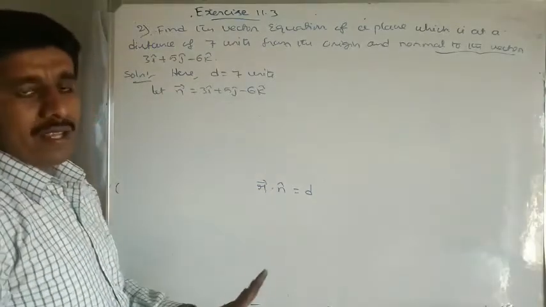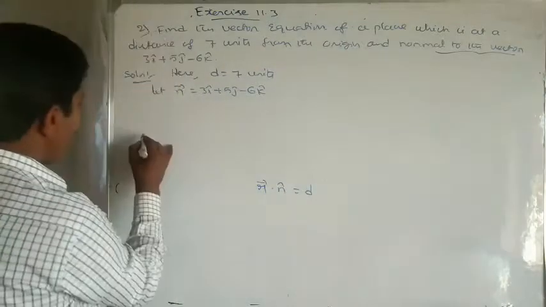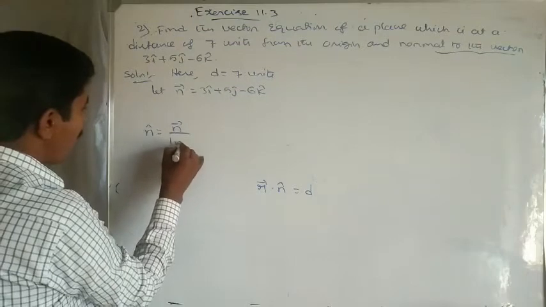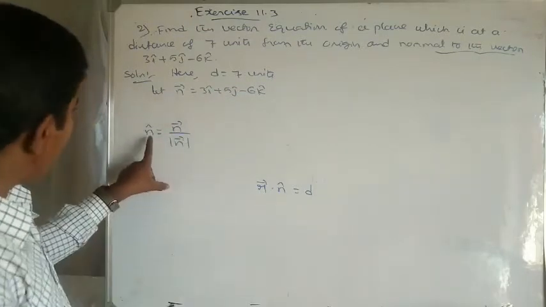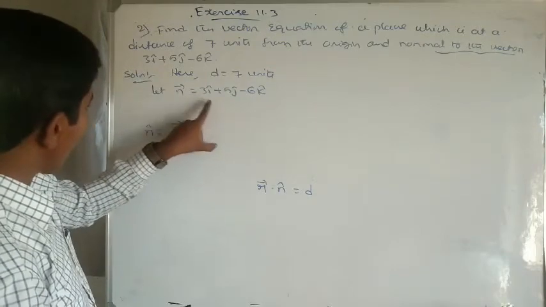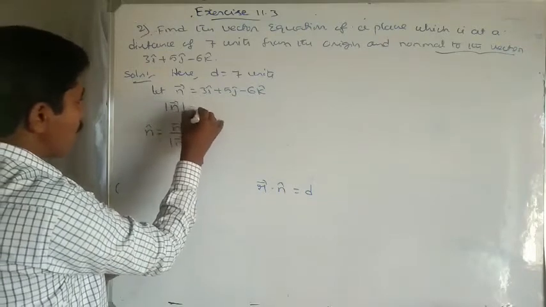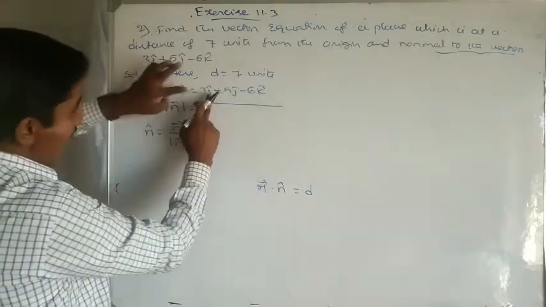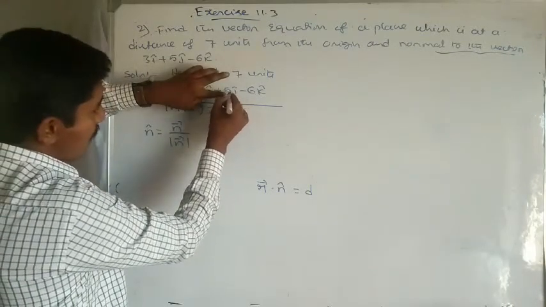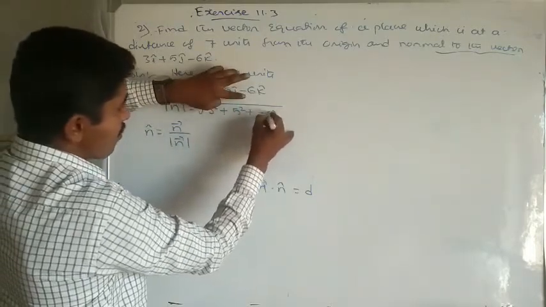The unit vector formula, we will see in the vector chapter: n cap is equal to vector n divided by magnitude of vector n. Mind it. To find the magnitude of vector n, it is the square root of the i coefficient squared, 3 squared, the j coefficient squared, 5 squared, plus the k coefficient, minus 6 whole squared.